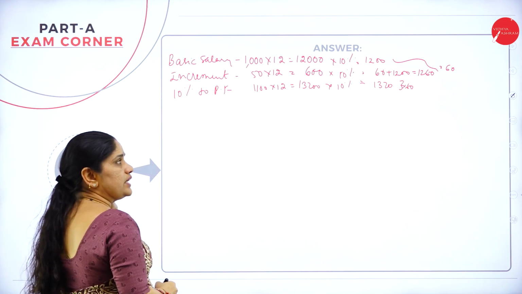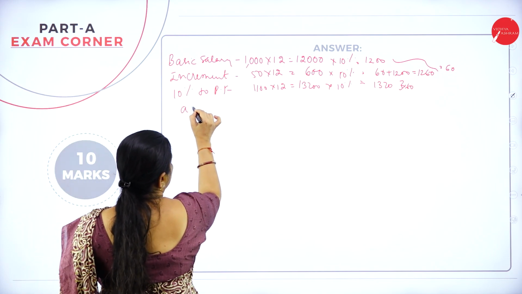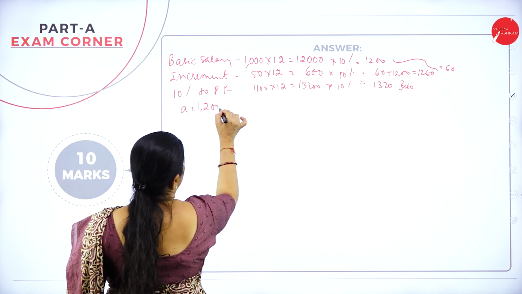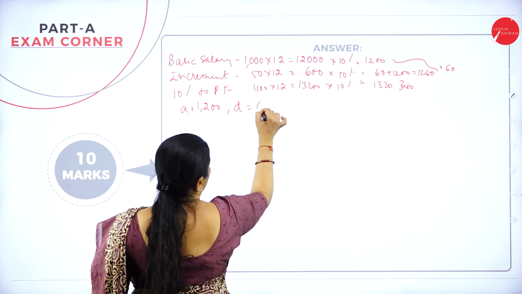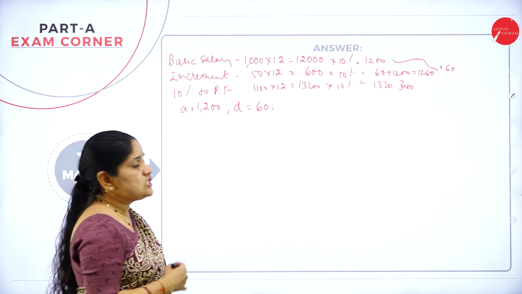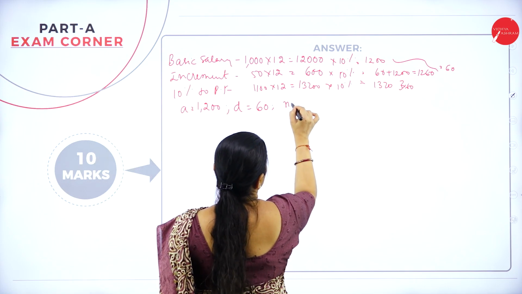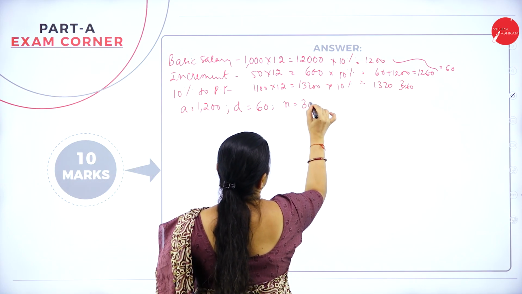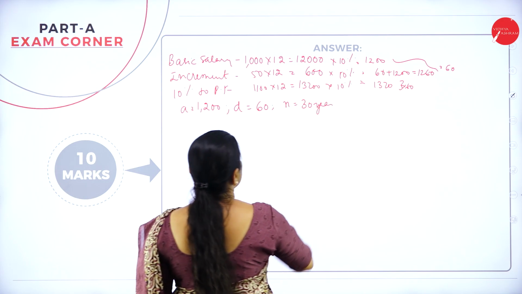So we can say that A equals 1,200, then D equals 60 rupees. Then they have asked N. So what will be the total contribution in the 30th year? So N equals 30.